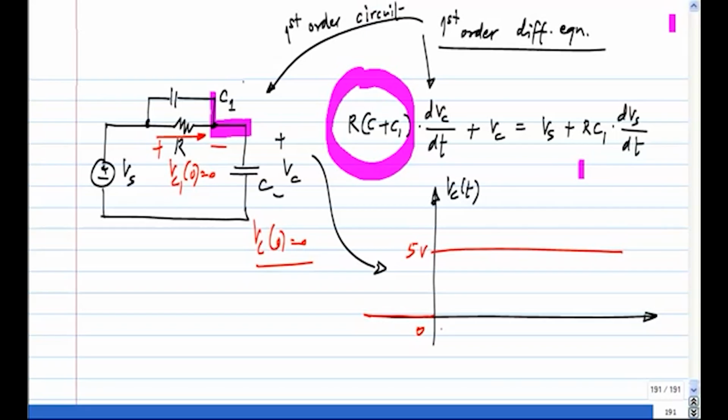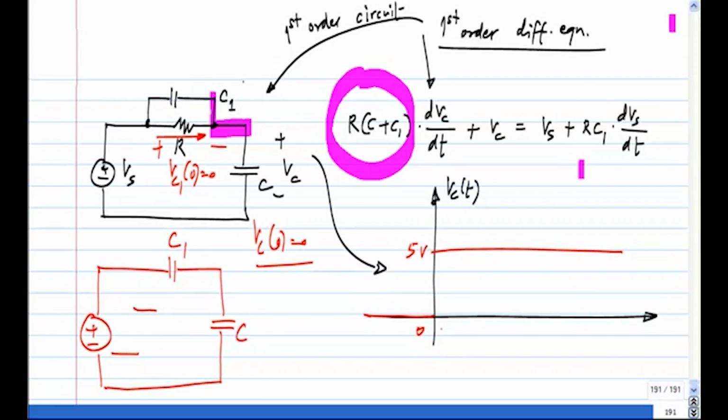Essentially, you can solve for a step applied to just this network with the resistor removed. Maybe you have solved problems of this type where initially the charge on this was 0 and the charge on this is 0. Just after the step, let's say this becomes Vc of 0 plus, just after the instant of the step.